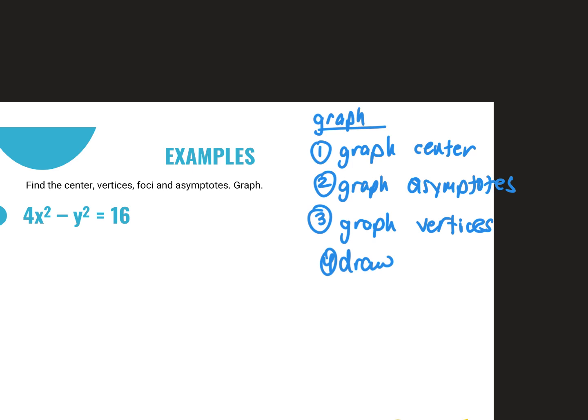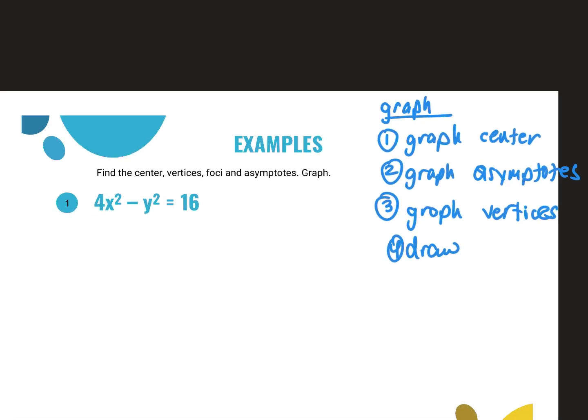We'll talk about that in a minute. And then put your vertices, and then you'll see how to draw your branches. Well, I would do that last. Because remember, your branches are going to open up towards it. You could put it in whenever you wanted to, but it's really important to get the center and the asymptotes in there.